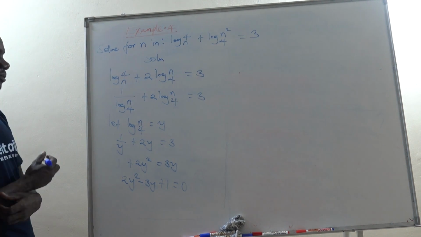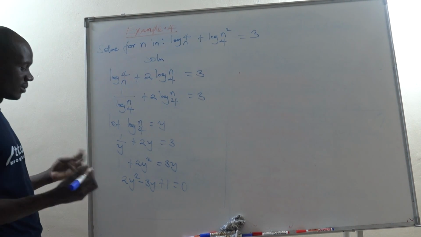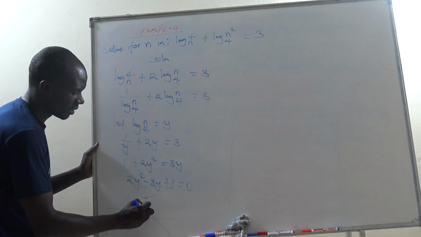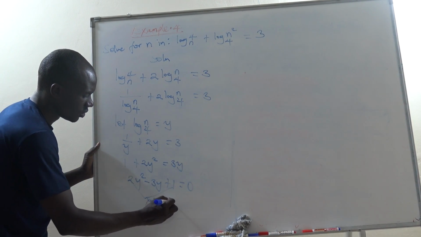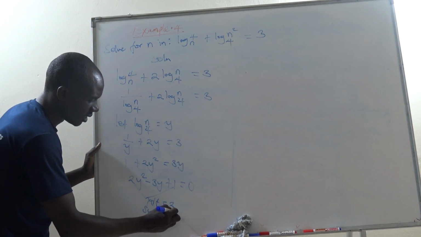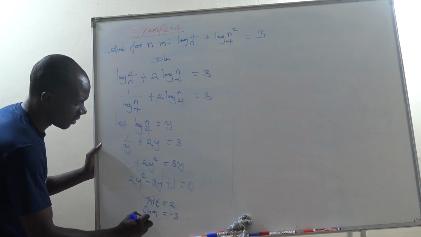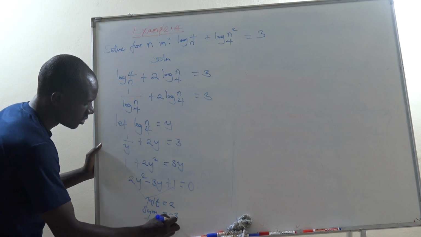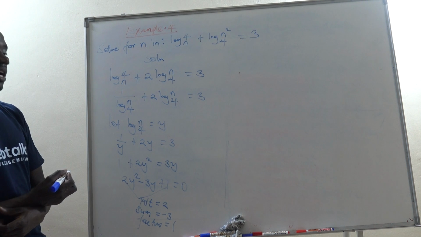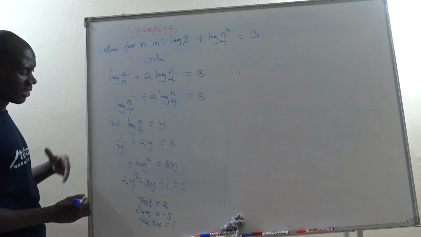We also look at the product and the sum. So our product equals 2 and our sum equals negative 3. Look at the factors. Think of two numbers. When you multiply, you get a positive 2, and when you add, you get negative 3.